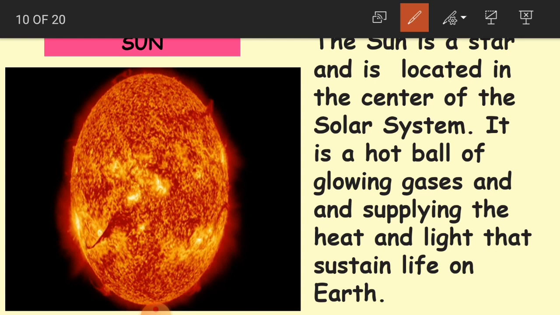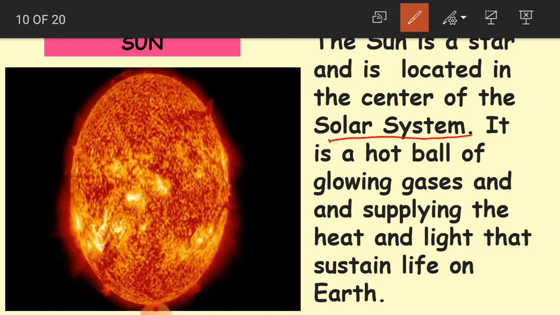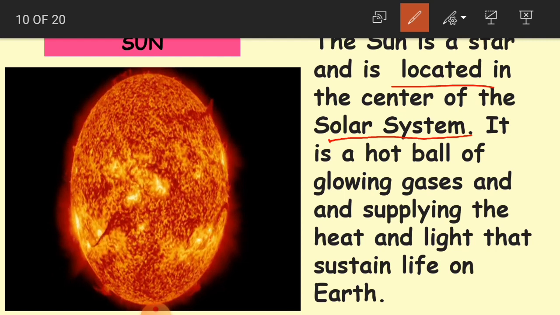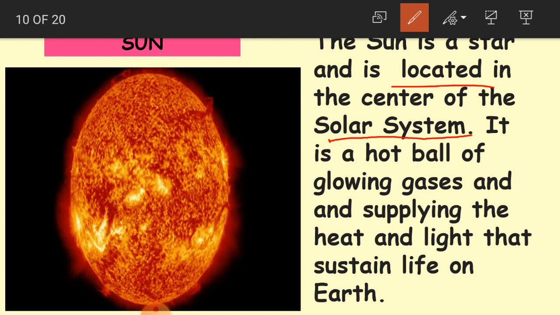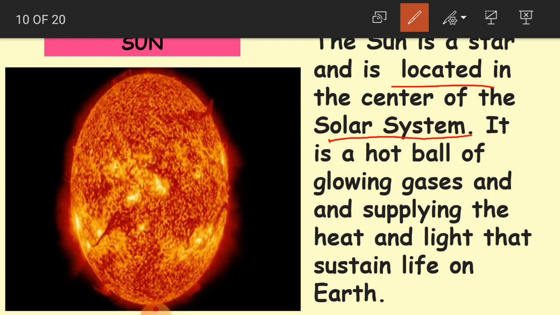Where is the sun located? Located in the center of the solar system, around which the planets are going to revolve. Not only planets, children, we also learnt that asteroids are also going to revolve, take a round around the sun.